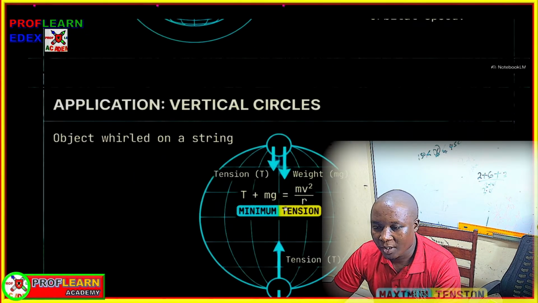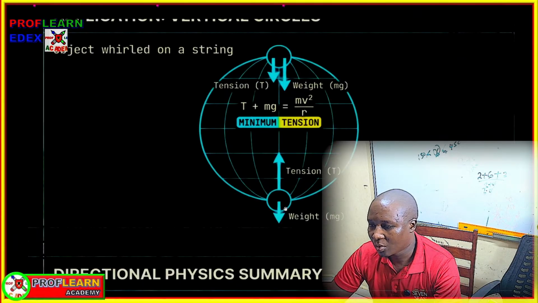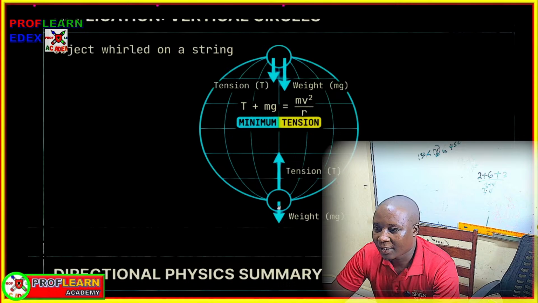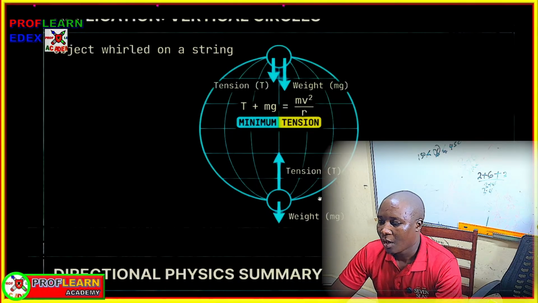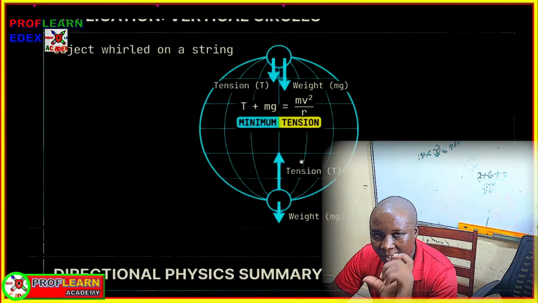You are going to be given questions to do with vertical circles. Then you need to understand that at the top, the tension and the weight, both of them are acting downwards. But at the bottom, tension is acting up and weight is acting down. So we're going to have maximum tension when the object is at the lowest point.